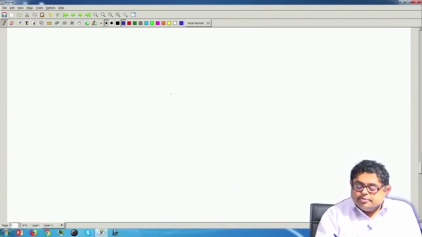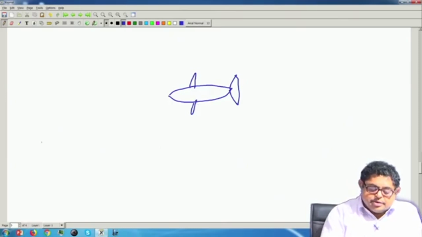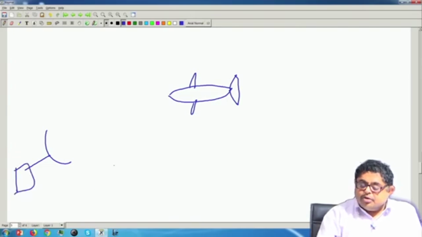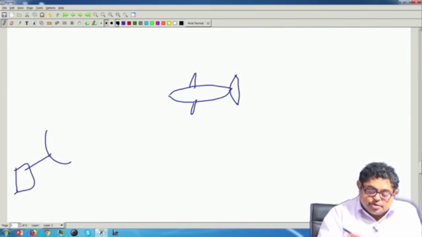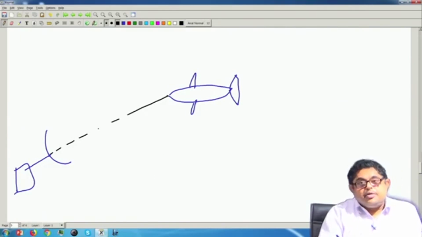So, suppose you have a target like this, and let us say the radar is seeing this. Now, the radar is located in this direction. The search radar said to look in this direction. It has done so, but it is a moving target.